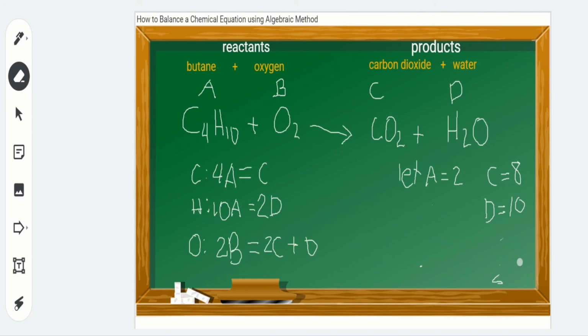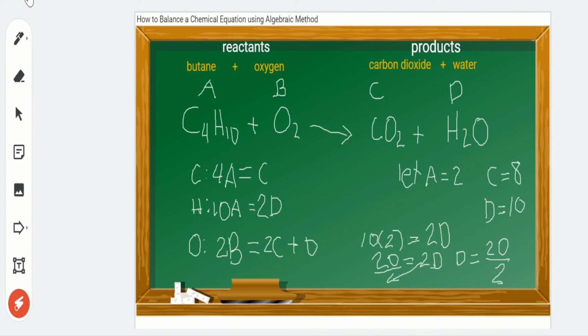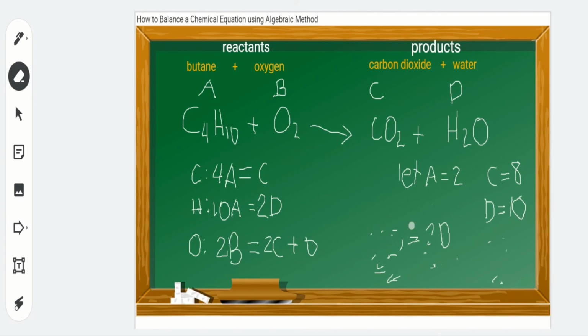And of course, for our B, we only have one equation, which is this one. This is the only one we can use. Let me just erase this part so that we can find the value of B. Let's use this equation down here.